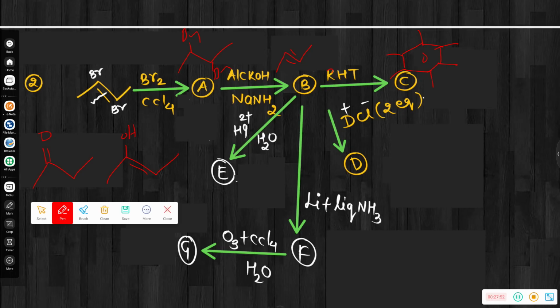Lithium liquid ammonia, what will form? Trans will form. Then ozonolysis, what will form? 2 moles of CH3, C double bond O, OH.